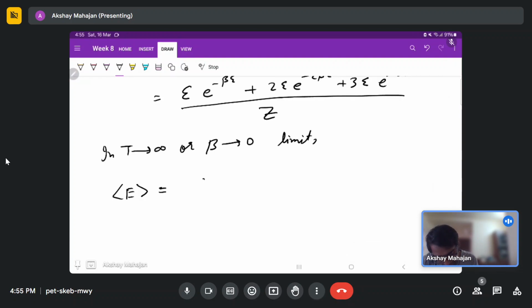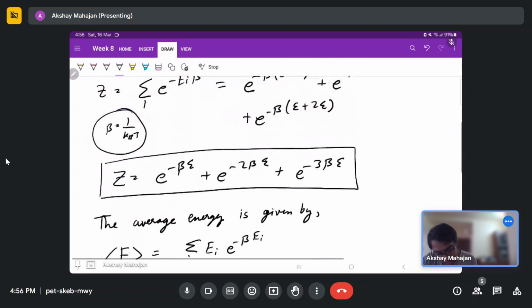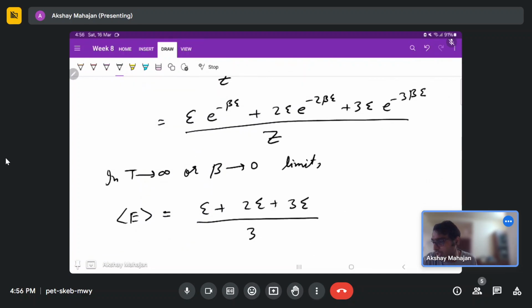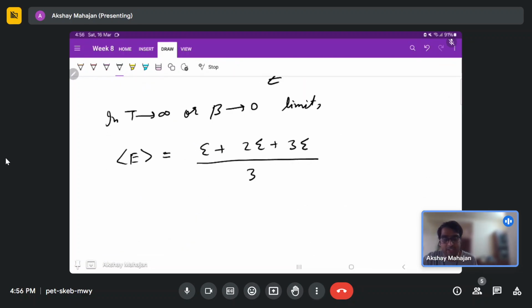So this average energy will be epsilon plus 2 epsilon plus 3 epsilon divided by Z, and Z will also tend towards 3, because each of these exponential terms will tend towards 1. So this will be equal to 6 epsilon divided by 3. So the average energy comes as 2 epsilon.